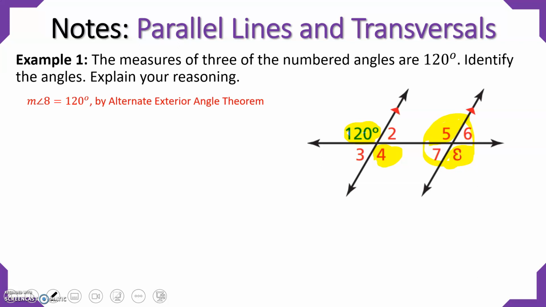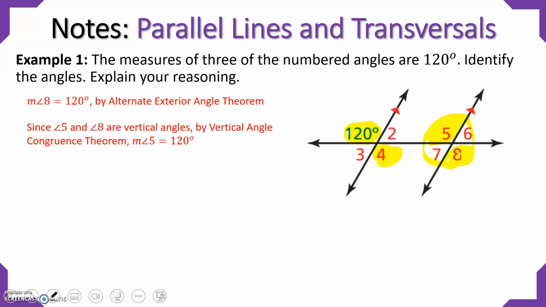So angle 8 by alternate exterior angle theorem is 120, and for 5 and 8 we could use vertical angle congruence, or we can use the other parts I said before, corresponding or alternate interior. So the measure of angle 8 is 120 degrees by alternate exterior angle theorem, and since angles 5 and 8 are vertical, these are congruent.